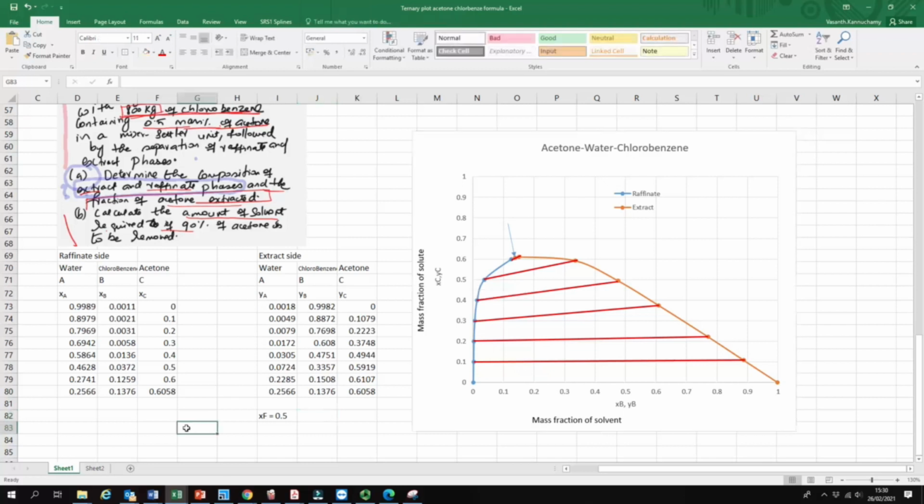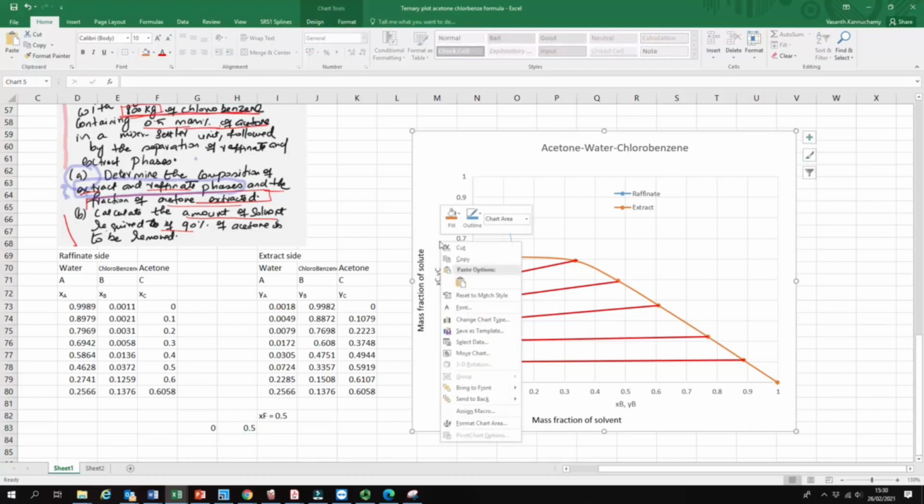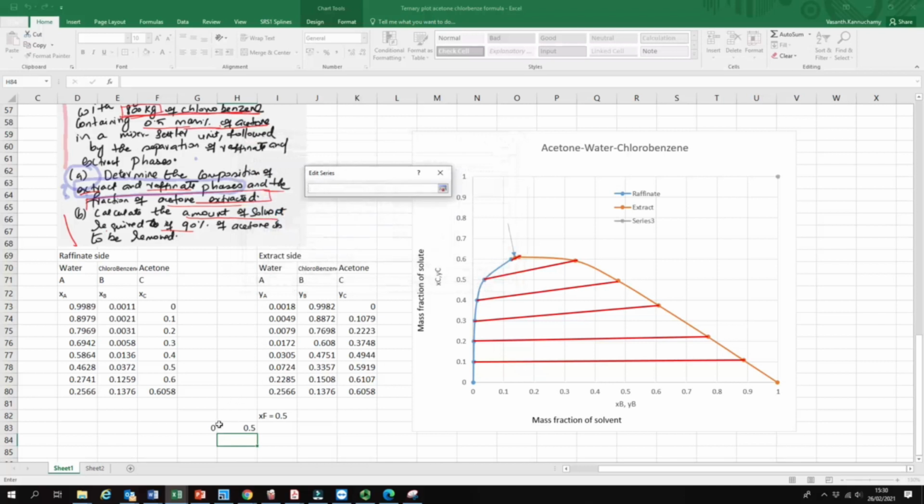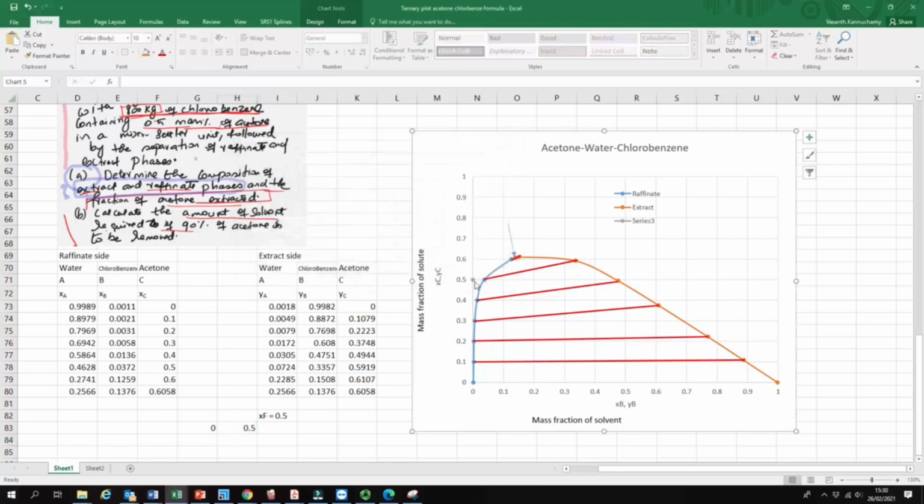So if you want, we can plot it: our solvent concentration is 0, and our solute concentration in the feed is 50%. Press OK. So that's our feed point.